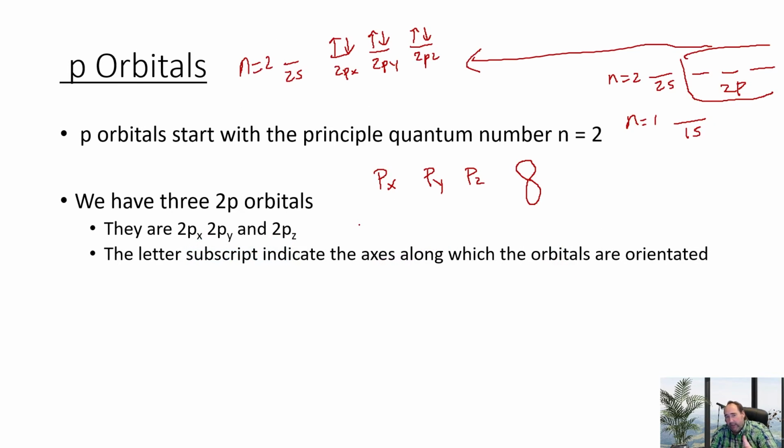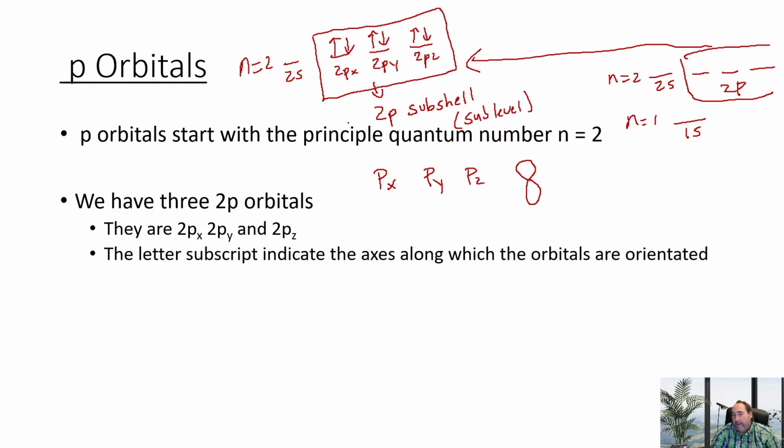So what does that mean? It means that if you take all 3 of these individual p orbitals that are found on the second energy level, this is what is sometimes referred to as the 2p subshell, and some books will call it a sub-level. So when we talk about the 2p subshell, for example, it could hold a maximum of 6 electrons, 2 in each of the p orbitals.